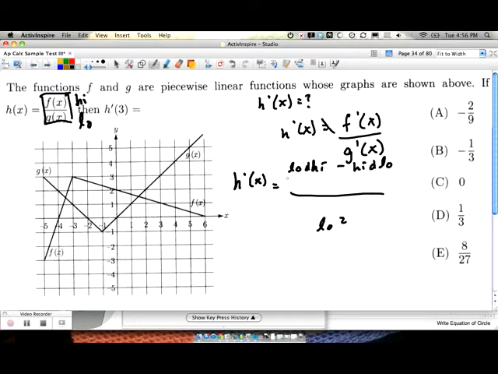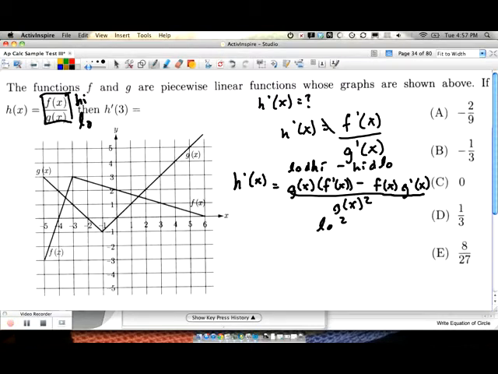So low d high is going to be g of x times the derivative of the high, which is f prime of x, minus high d low. We're going to invert those a little bit there. So now we have f of x times g prime of x. Now on the bottom we got the low squared, so it's g of x squared.